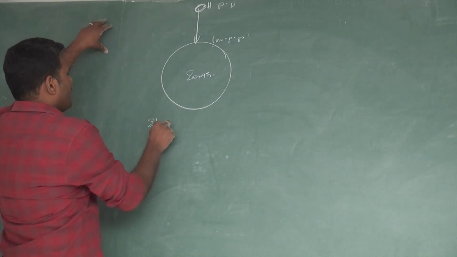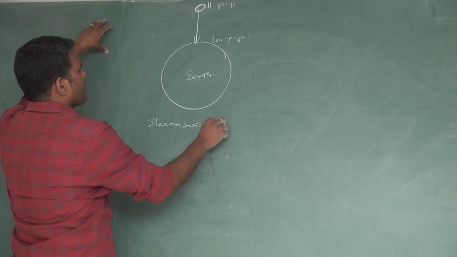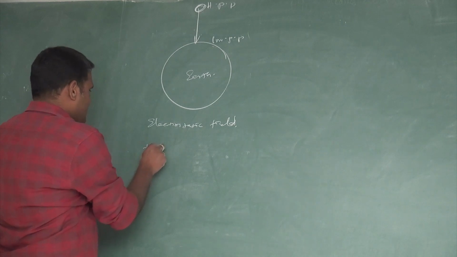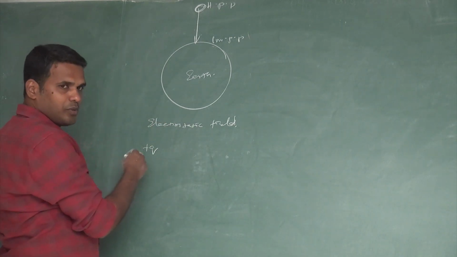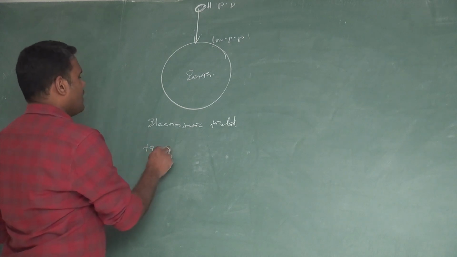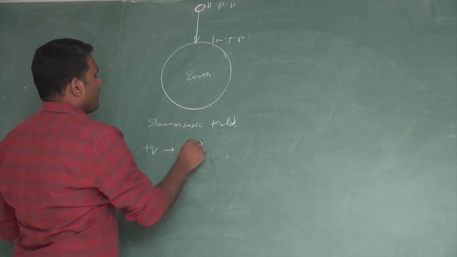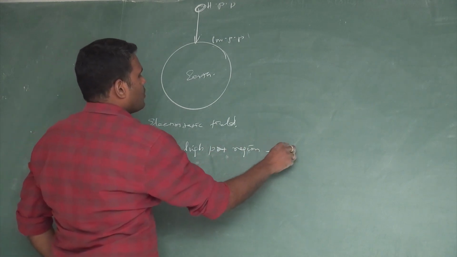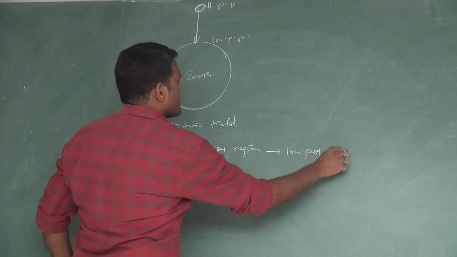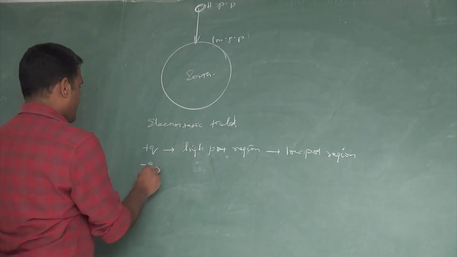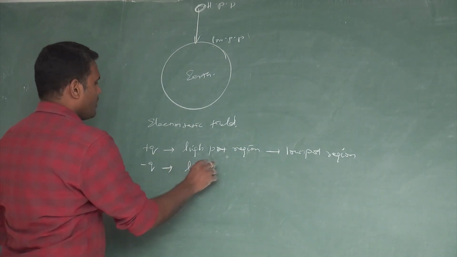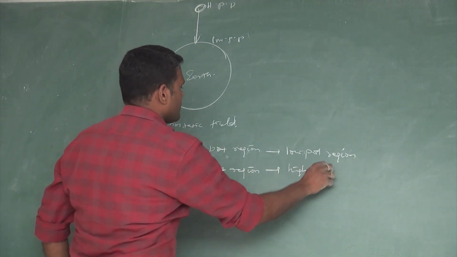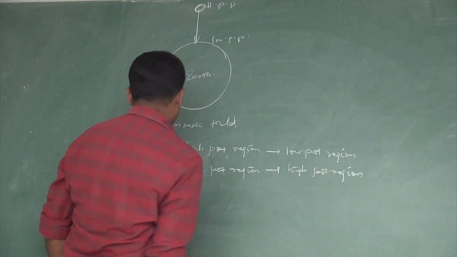In the case of electrostatic field, the positive charges, test charges, I am speaking about test charges, in general always move from high potential region to low potential region. And negative charges always move from low potential region to high potential region. I can explain it with the diagram.